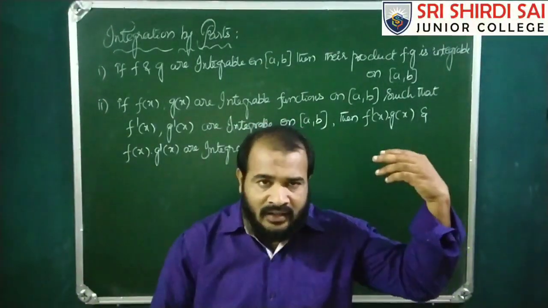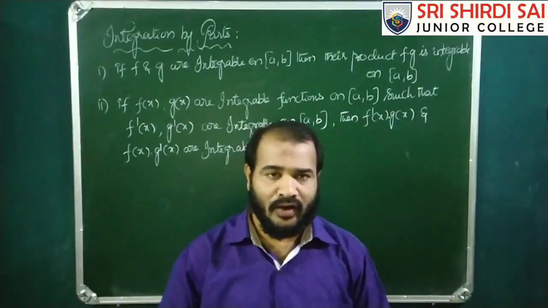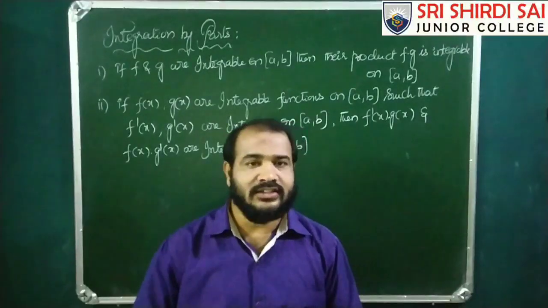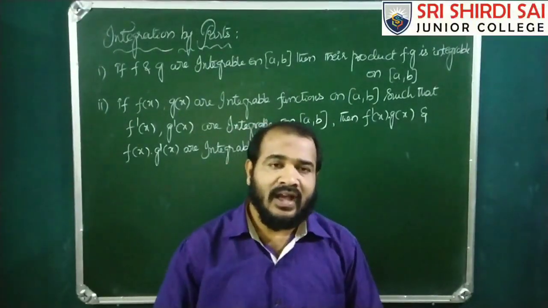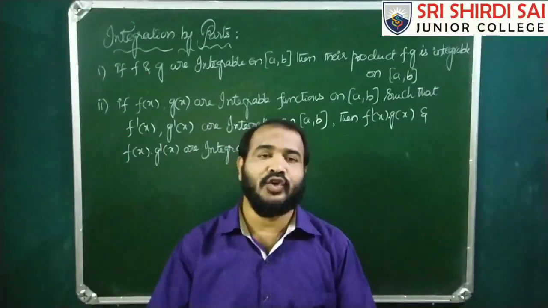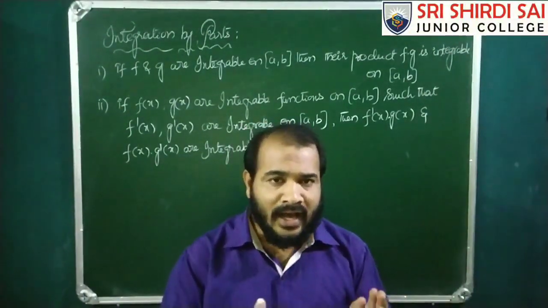And L is logarithmic function, log x, log of 1 plus x, etc. A is algebraic, so that is x, x square or 1 plus x cube, etc., that means x power something.